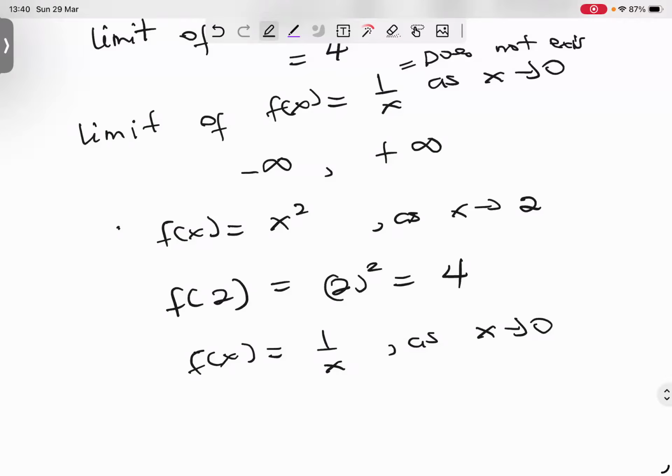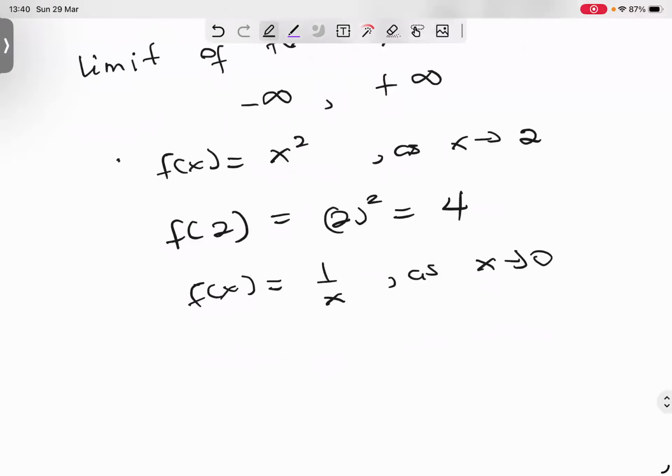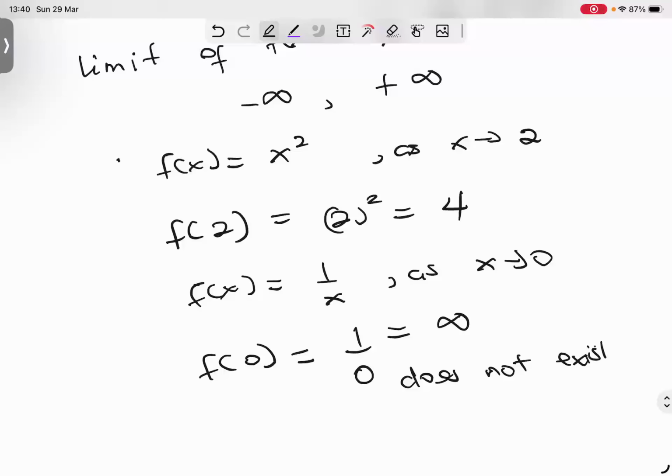However, if we find the value of f of x at exactly x equal to 0, then we have 1 over 0, and 1 over 0 is undefined, meaning the limit does not exist.